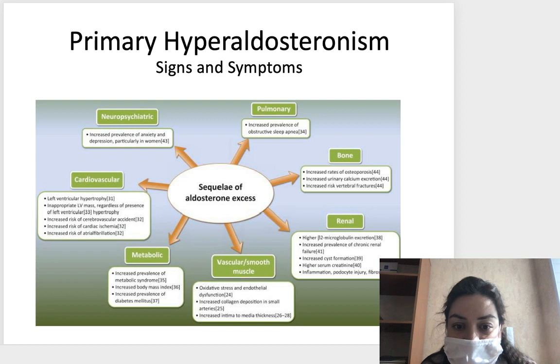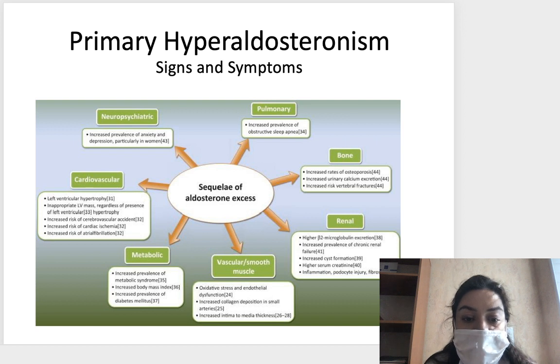Renal signs: higher beta-2 microglobulin excretion, increased prevalence of chronic renal failure, increased cyst formation, higher serum creatinine, inflammation, podocyte injury, fibrosis. Oxidative stress and endothelial dysfunction, increased collagen deposition in small arteries, increased intima-to-media thickness in muscle and smooth muscle.